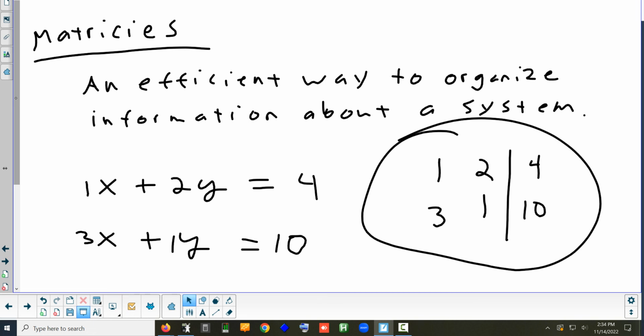Question, Dustin? So we're gonna be doing matrices on these tests, right? Yeah, tomorrow we're gonna learn. Yep. So on the test, we get our answer through the calculator. Can we use that, or do we have to write out all of our answers? So when you're solving a system, you still have to show me work.